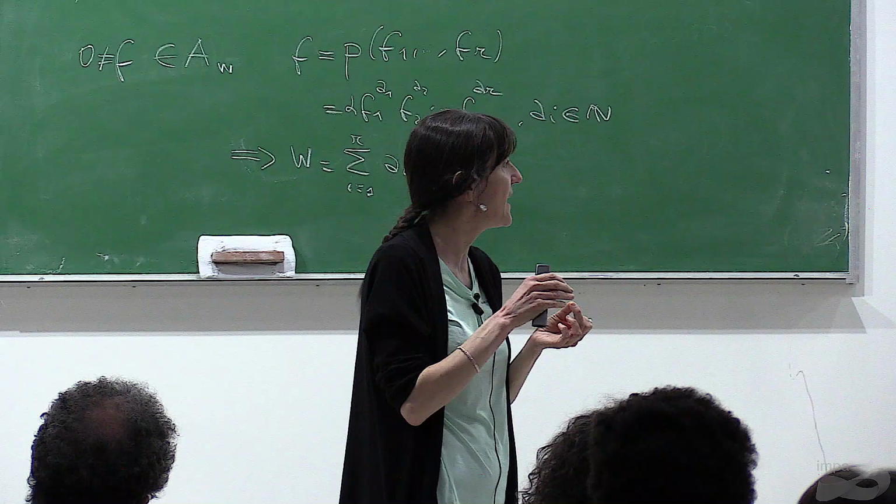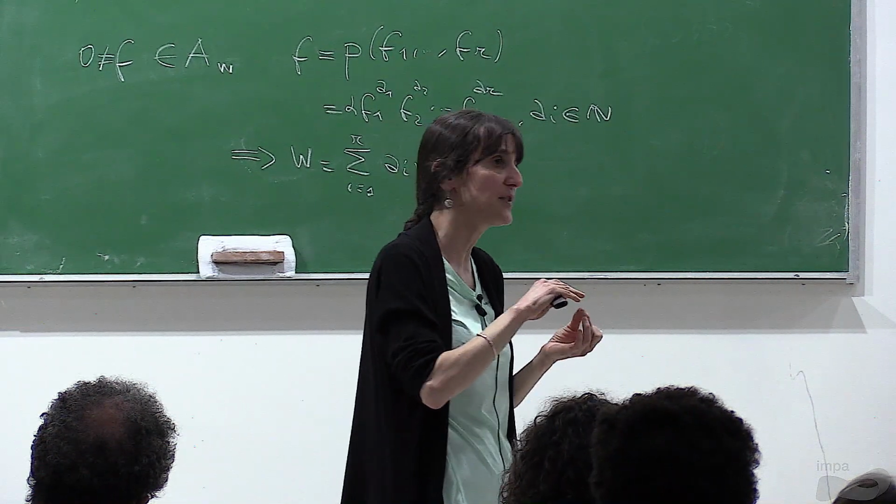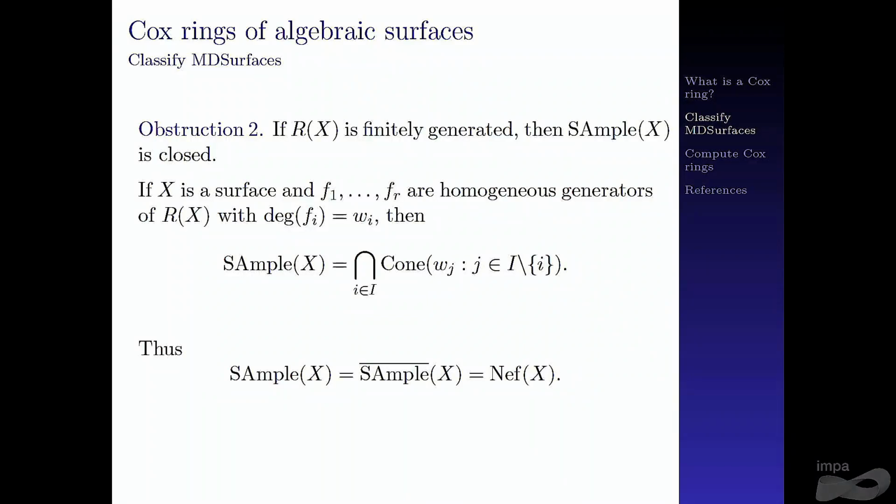And then if you take the tangent plane at that point, the proper transform will be a class of square zero, which is nef and not semi-ample. And the effective cone of that surface is polyhedral. But since it is a bit more complicated to go into details, I prefer not to do it. But there are examples where we have this obstruction and not the other one.